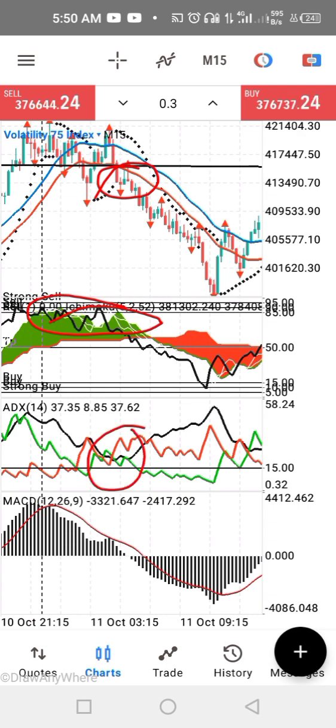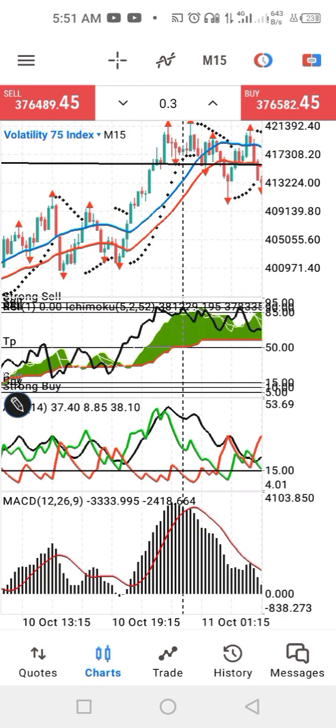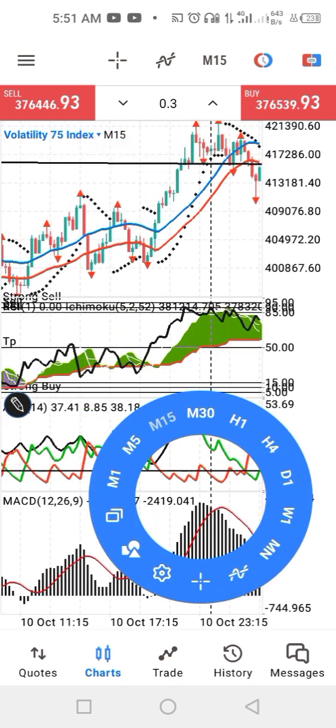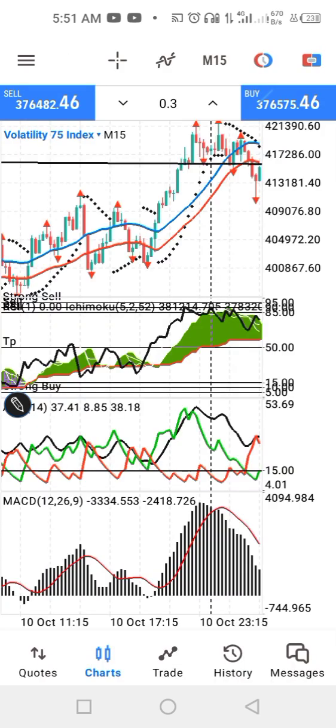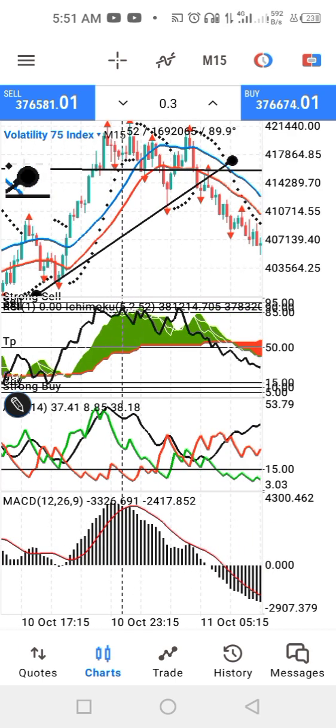What happened there? There's a crossover and the momentum is strong, and the MACD is coming down, and it sold. It's as simple as this. Even if you use your trend line here, it still gives you the breakout that you need. Can you see? It gave you that breakout.